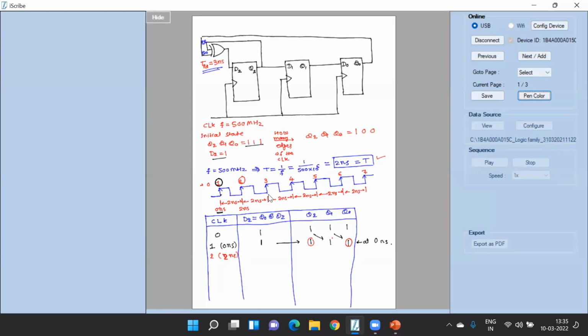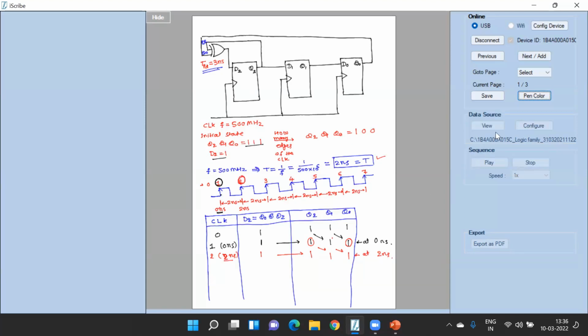So it will not pass the latest output to D2. It will hold its older value, which is given to Q2. This becomes 1, which is shifting to Q1, and this is getting shifted to Q0, correct? And this is at 2 nanoseconds, at edge number 2.